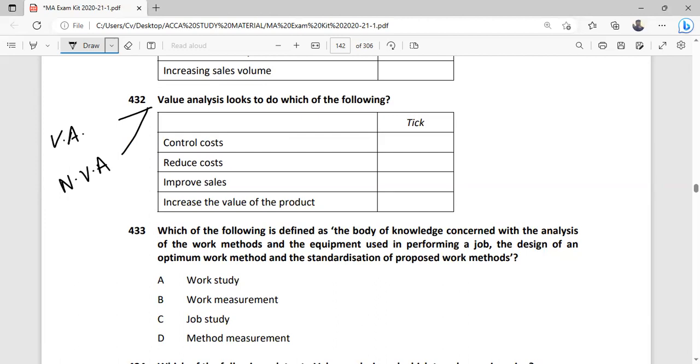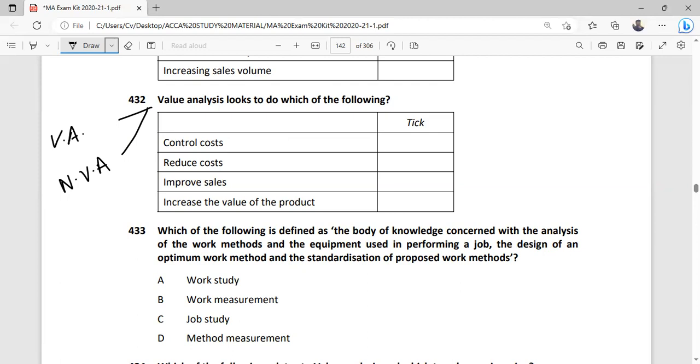Value added are the ones which will contribute towards the manufacturing of the product or towards the features of the product. Non-value added is the one which will not contribute towards the product, or we can say that it will not add value in the product. It will not be useful for the product.